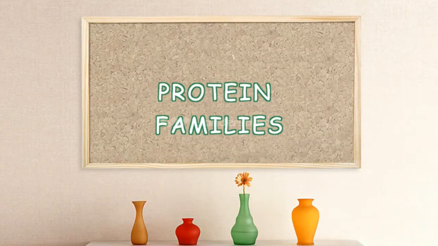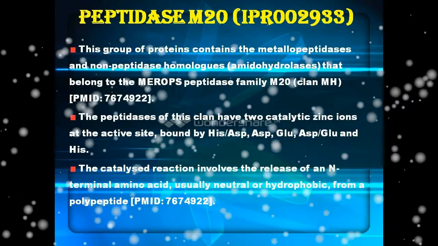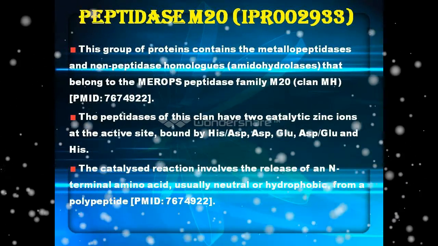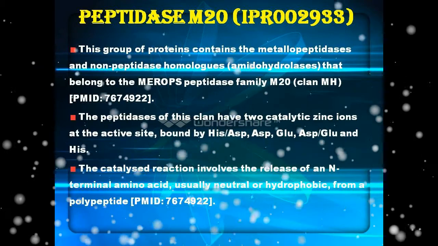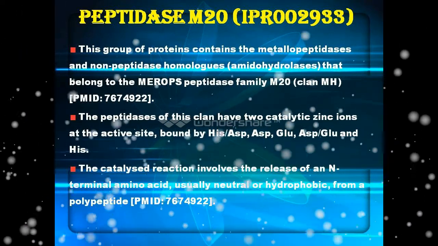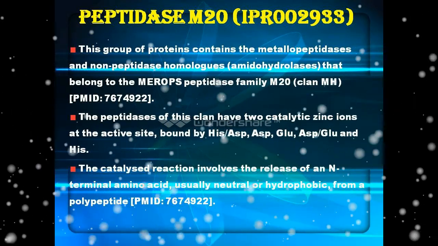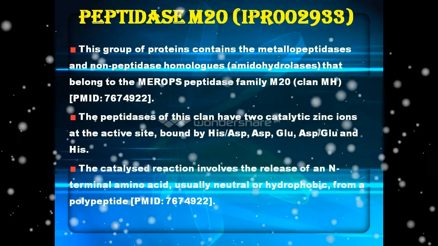Here the protein families were obtained using the software InterProScan. The first one is peptidase M20. This group of proteins contains the metallopeptidase and non-peptidase homologs that belong to the MEROPS peptidase family.